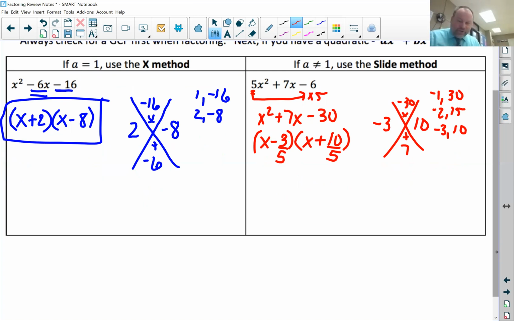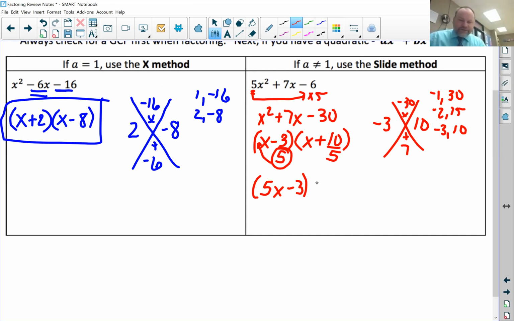Is there a number other than 1 that evenly divides into 3 and 5? No. So that's reduced. So what we do is we take the denominator and put that as the coefficient of x. So this is going to be 5x minus 3.